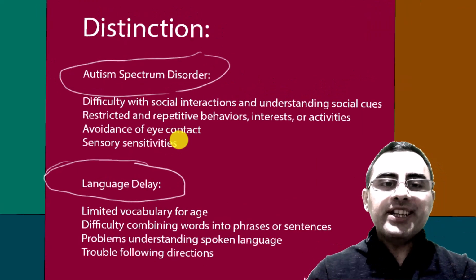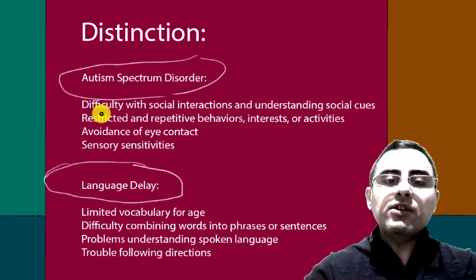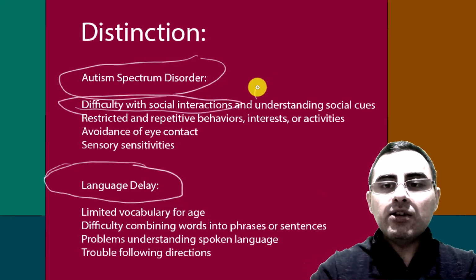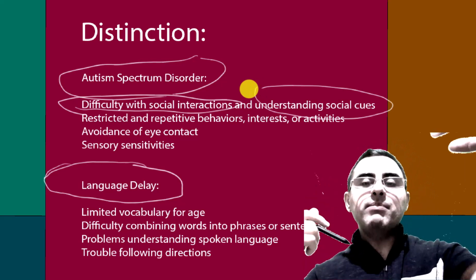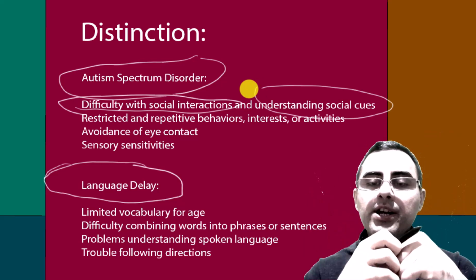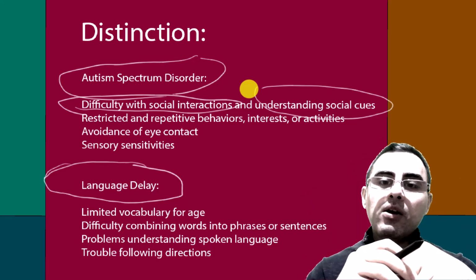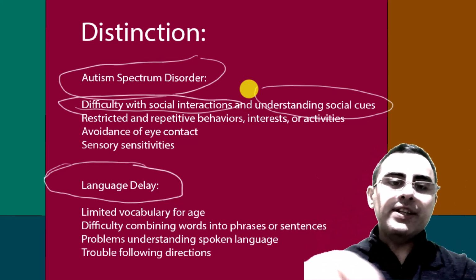More distinctive for autism is difficulty with social interactions. It's very important. And understanding social cues. Such kids can't understand other people's facial expressions, other people's happiness or madness, or other expressions, or voice tonality.